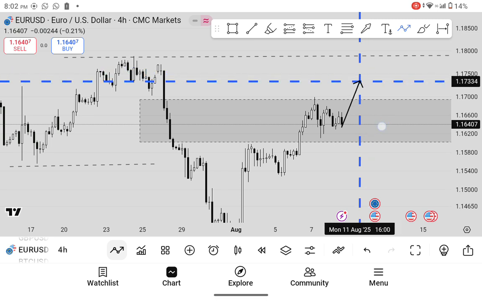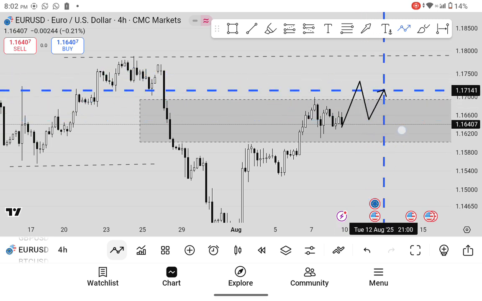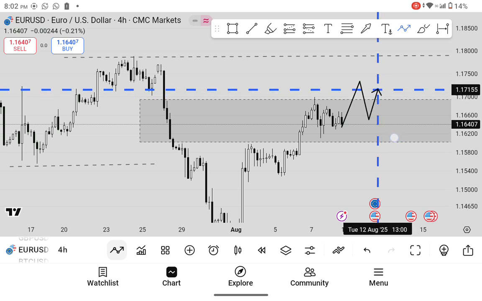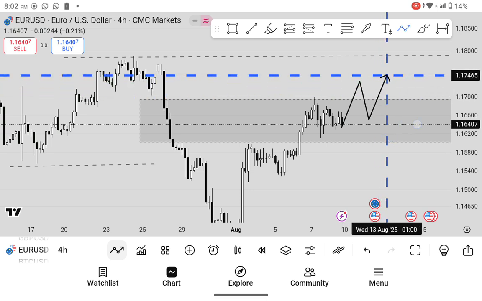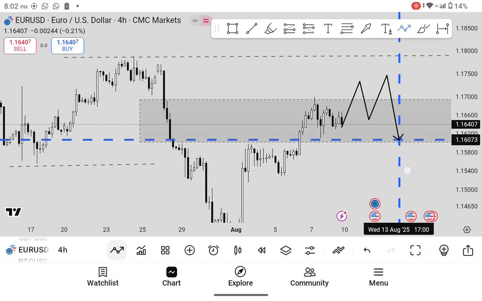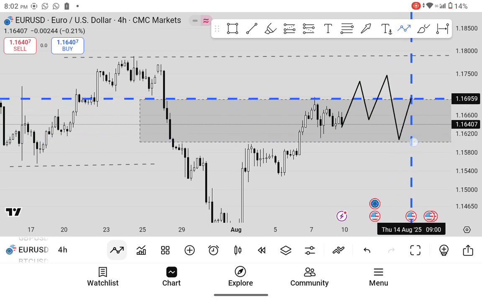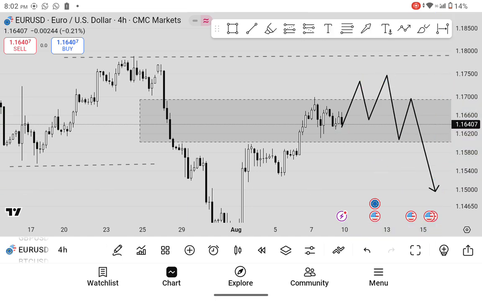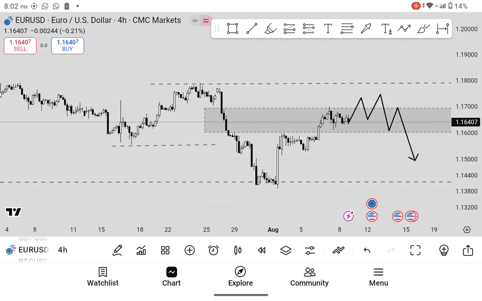I'm expecting this market to rally, collect liquidity, give us a change in the state of delivery. We have something like a slight change in the state of delivery, and I'll be expecting the market to do something like this, targeting the next draw on liquidity all the way down.